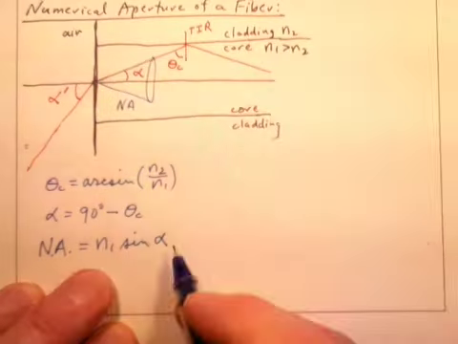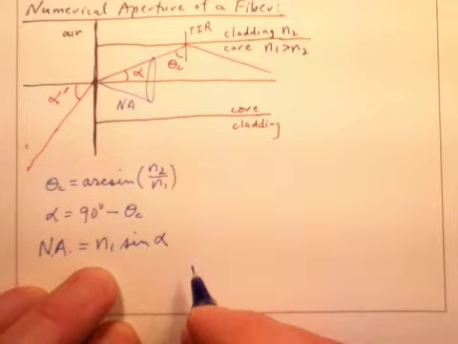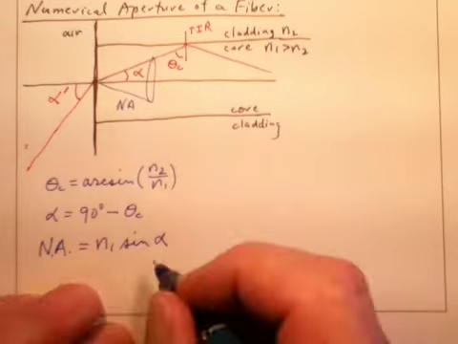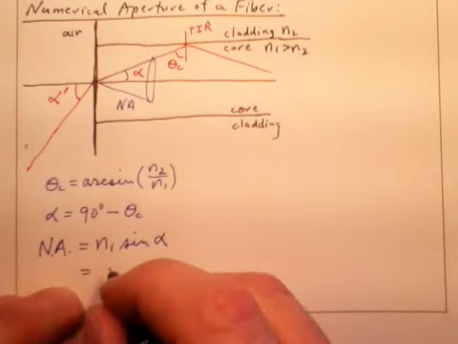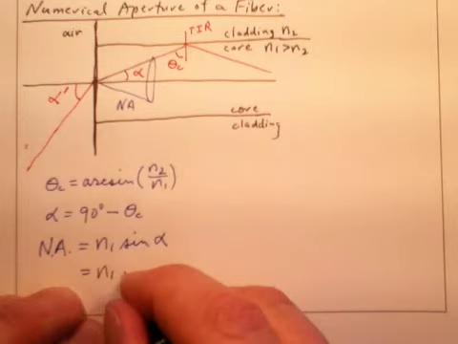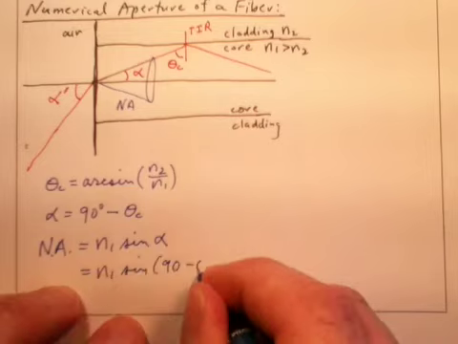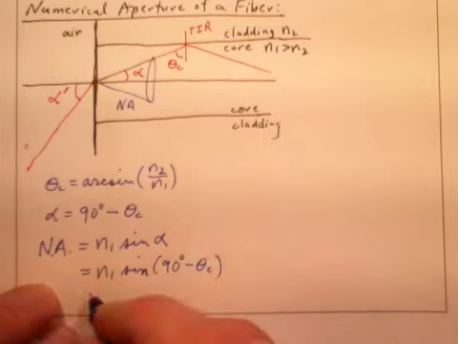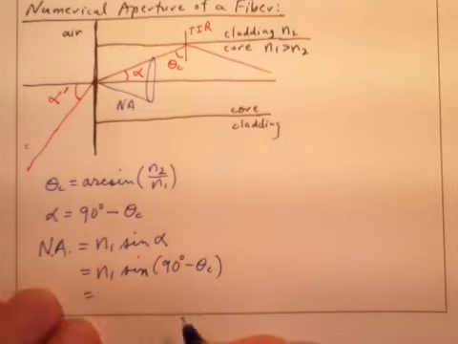We also know that numerical aperture, okay, so let's just plug in here. We're going to get N1 sine of 90 degrees minus theta critical. And we know that sine of 90 minus an angle is the cosine of an angle.